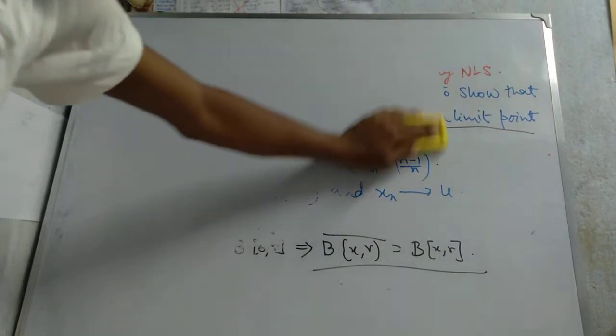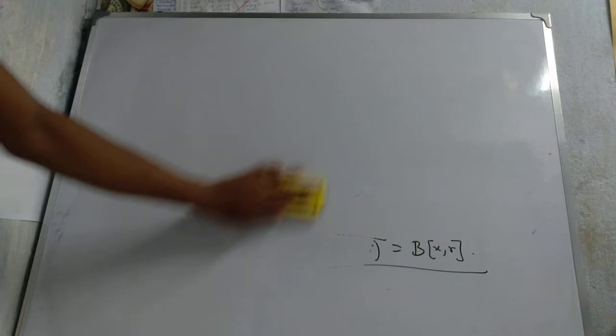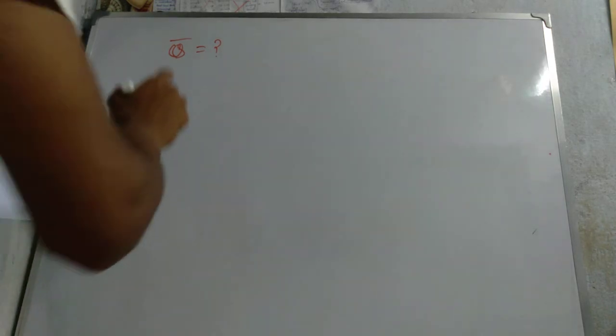We are going to one example which also discusses how the closure behaves in R. First we start with Q, the set of rational numbers. What is the closure of Q?